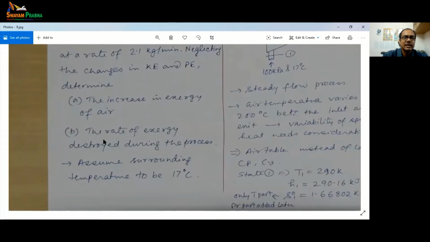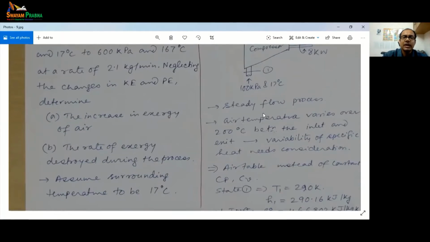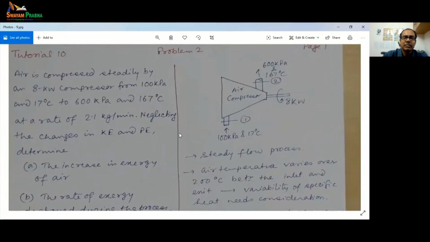The next thing it asks is the rate of exergy destroyed during the process. So similar to the earlier problem in terms of the query, but here the system is different. This is a control volume system, while the earlier one was a closed system.